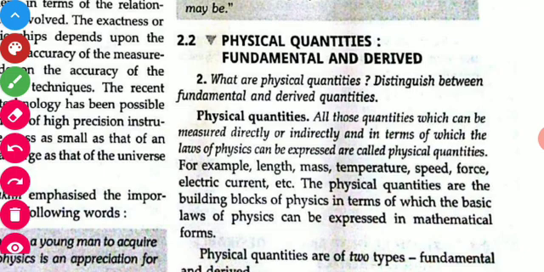Like we can compare any two objects with the help of the quantity length. We can compare two objects by weight. Similarly, we need quantities like length, mass, time, temperature. We say that the body of this temperature is higher than the body of that temperature.